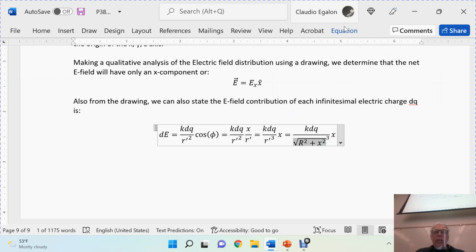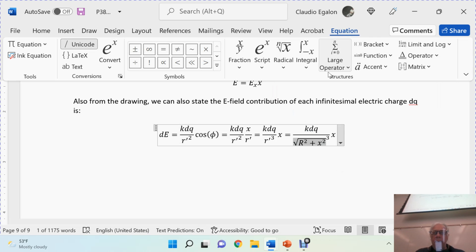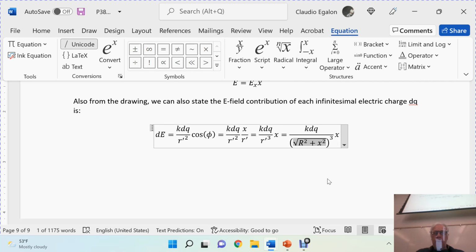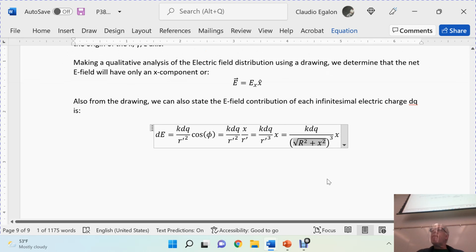So I put my parentheses right in here. We have the x upstairs, the x here is also downstairs, and we have to integrate over q. Don't forget, x here doesn't change, okay?